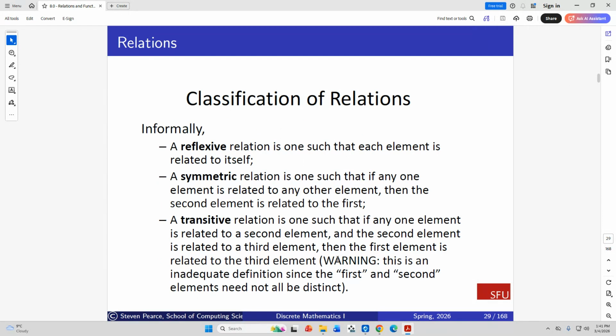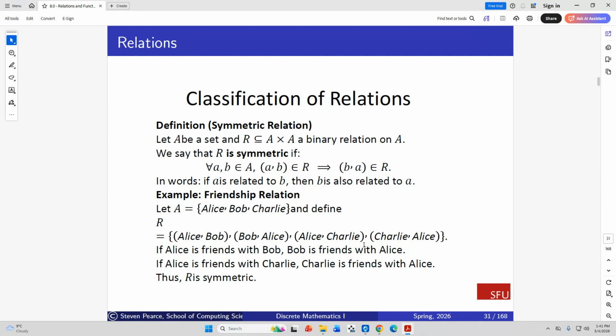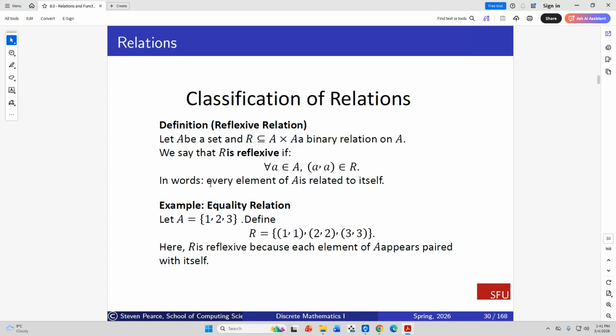This is just describing in natural language what these things are, but in reality, a reflexive relation is as follows. Let A be a set and let R be a relation on the Cartesian product of A with itself.